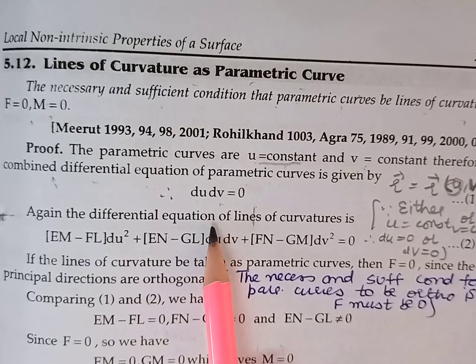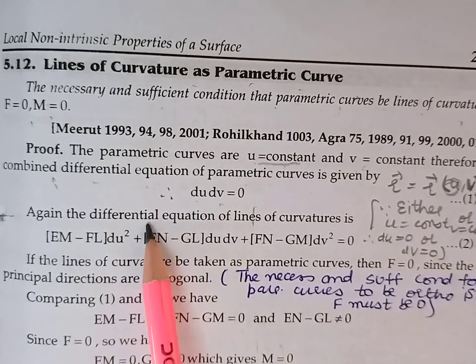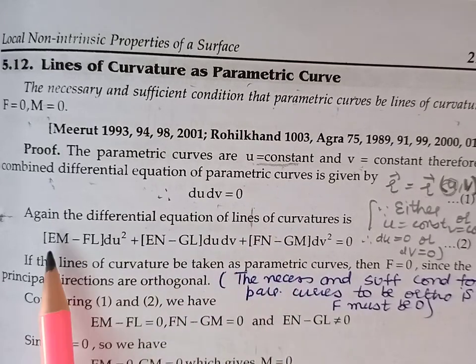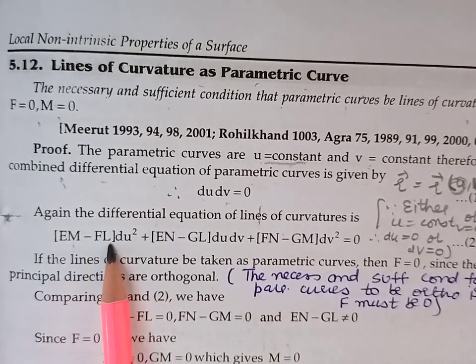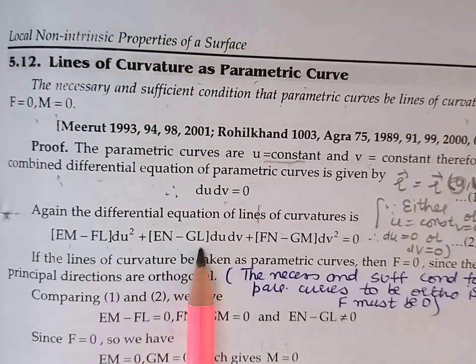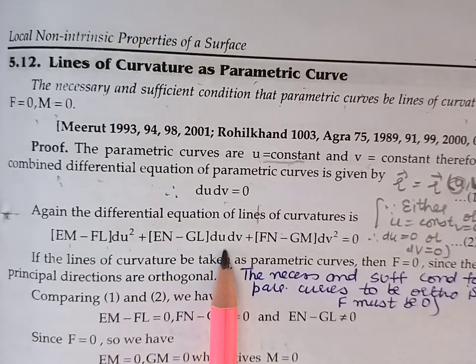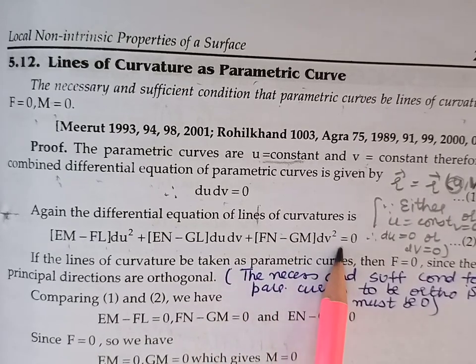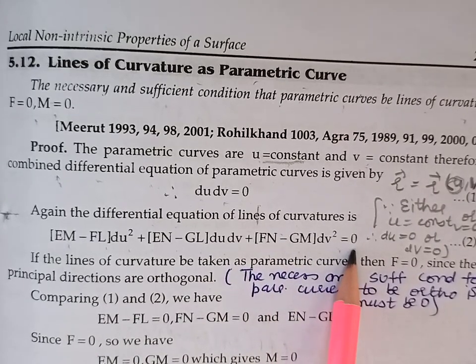Now, as we already discussed, the differential equation of lines of curvature is given by (EM − FL) du² + (EN − GL) du dv + (FN − GM) dv² = 0.